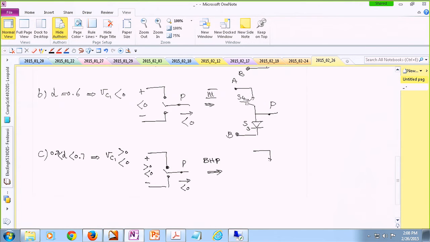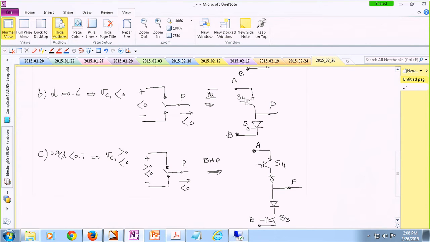I'm going to draw it slightly different than what I've drawn before. So again, this is point P, this is point A, and this is point B, and this is S4, and this is S3.